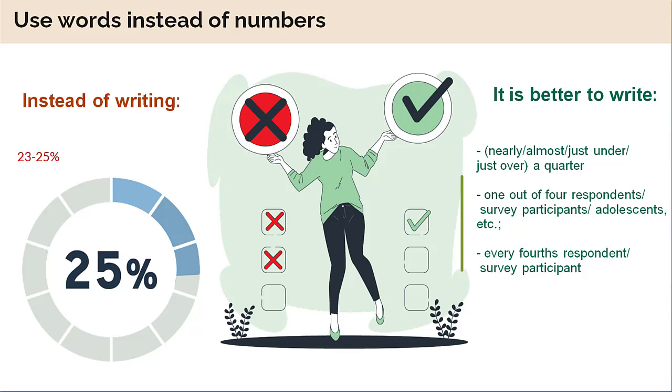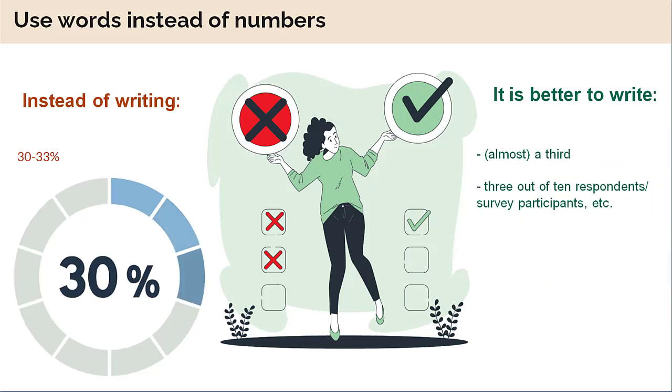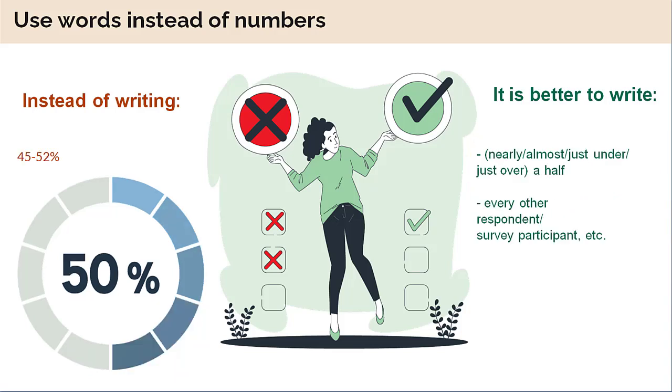You can also use 1 out of 4 respondents, or 1 out of 4 survey participants, or 1 out of 4 adolescents, depending on what you have in your particular graph. Every 4th respondent or every 4th survey participant is also an option. So for 33%, you can say almost a third, or 3 out of 10 respondents, 3 out of 10 survey participants.